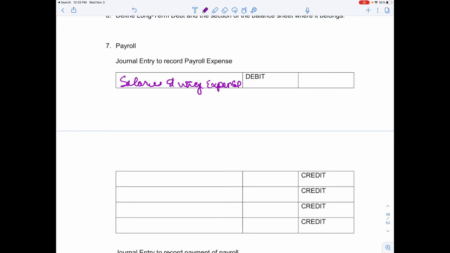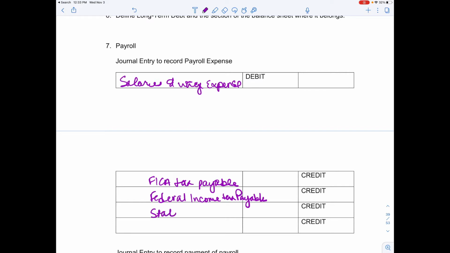You're not going to need to know how to calculate these things. That's fine. They're going to give you these amounts. You're just going to have to know how to record the payable related to them. So we have FICA, we have our federal income tax. Again, all payables, so they're credit amounts.